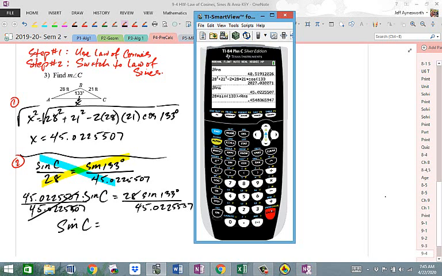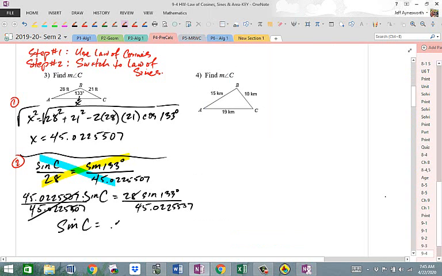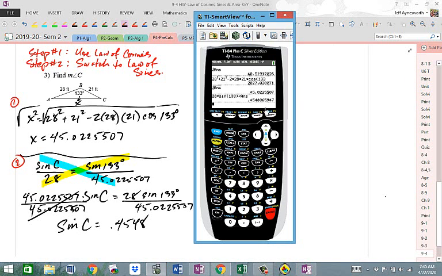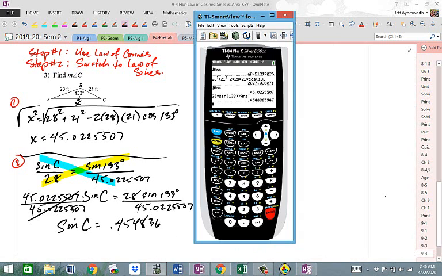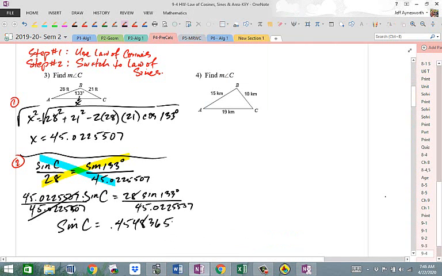So 0.4548365947. Okay, now I've got to take the inverse sine of both sides.